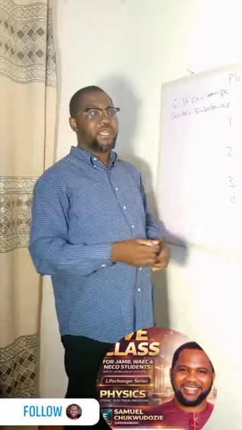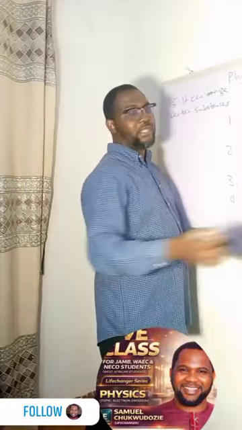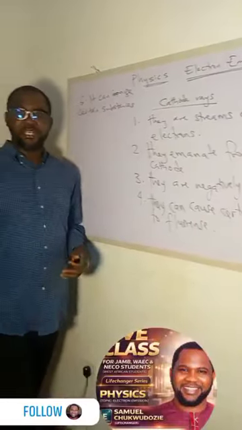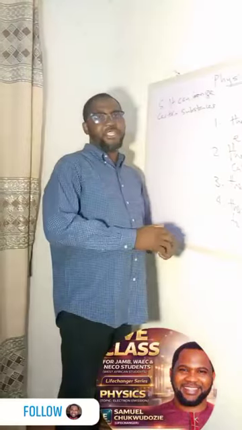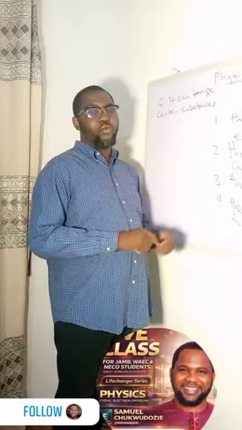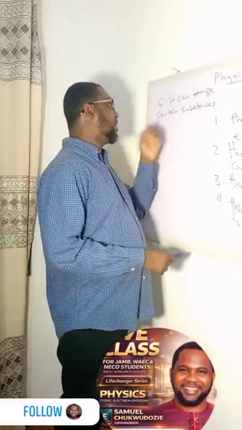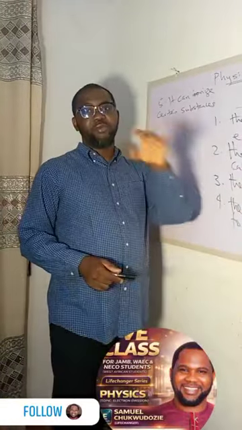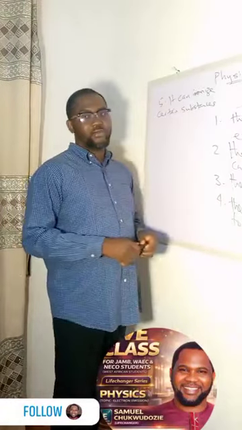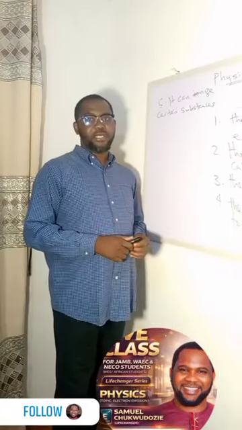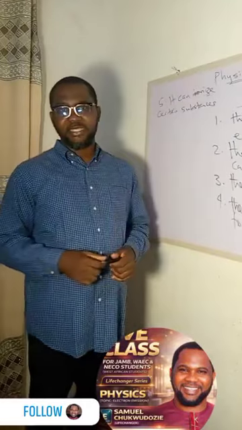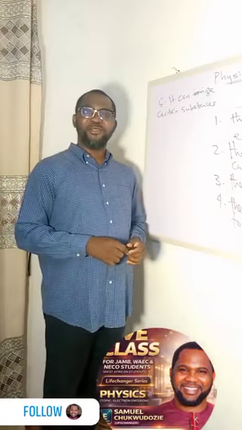To ionize means to make a substance either positively charged or negatively charged. So charges are everywhere. We are a product of charges. One of the ways to produce charges is by exposing a substance to cathode rays. It can cause substances to ionize. Okay? I hope I'm not talking too fast.